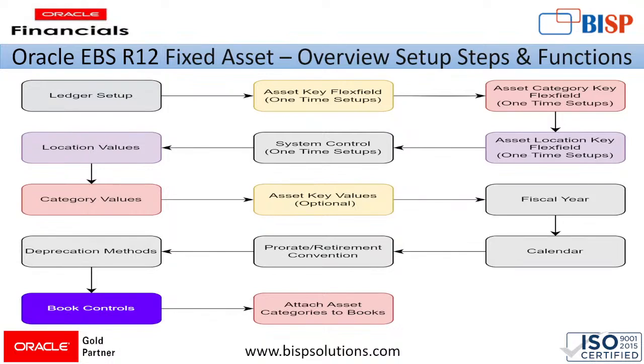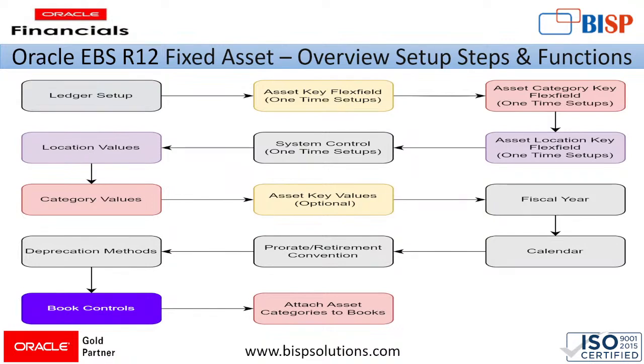Say I add an asset on the 1st of this month, it should start calculating from the 1st of this month, or from the next month, right? That is the convention you use to depreciate your asset accordingly. So this is basically when you start the depreciation or retire the asset.